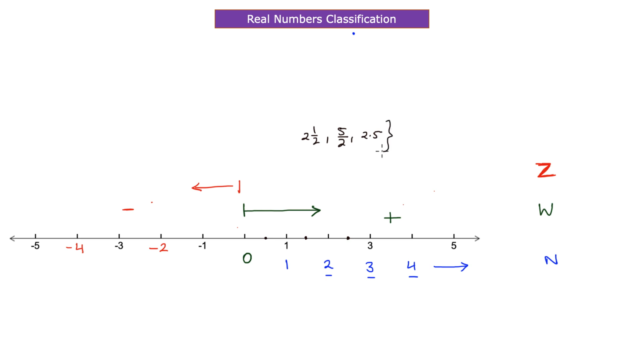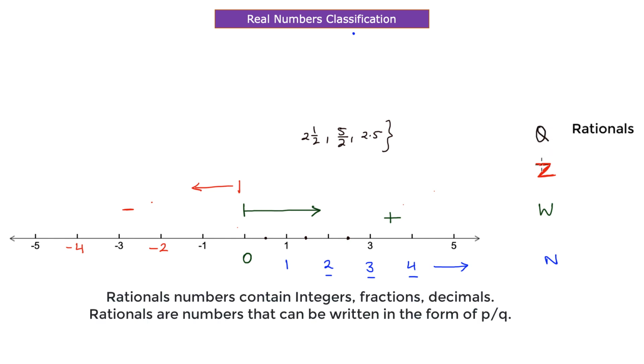All of these numbers are either fractions or decimals. And we said that these numbers fall under a category of numbers called rationals. Rationals include fractions, decimal numbers, and also integers, because every integer can be written as a fraction.